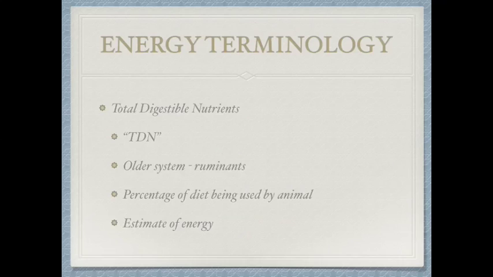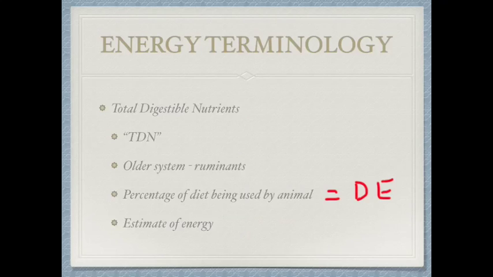There is another system that helps describe energy that was used in the ruminant species and even a little bit in the equine species. It's called TDN, or total digestible nutrients. It's essentially a percentage of the diet that gets digested by the animal. It's very comparable to digestible energy, or DE, from the previous slide. It's simply an estimate of energy.